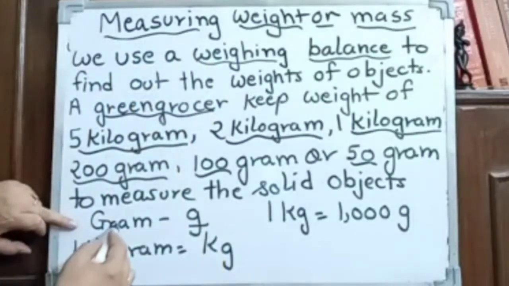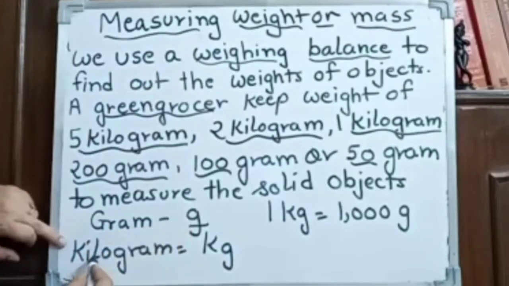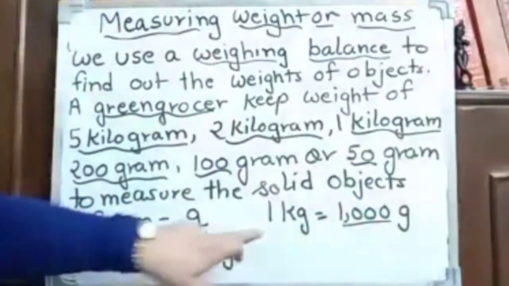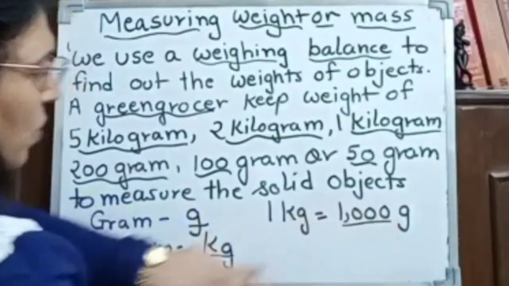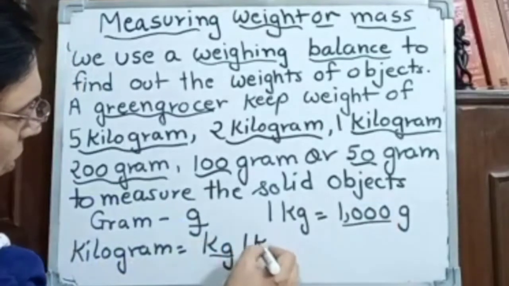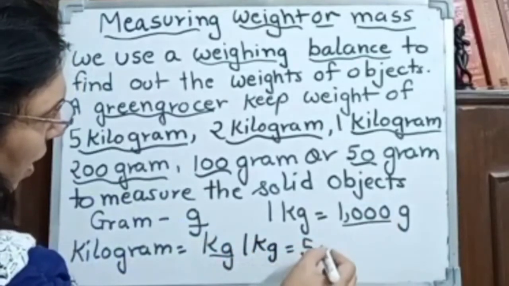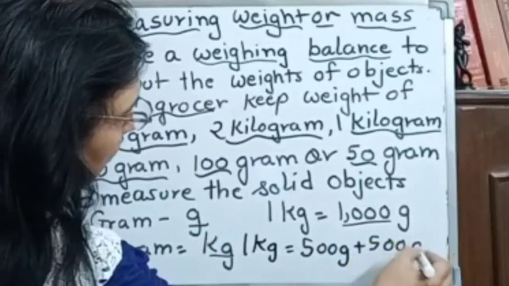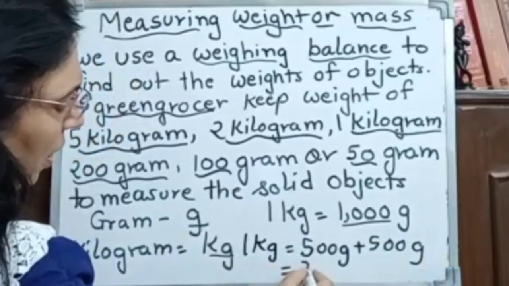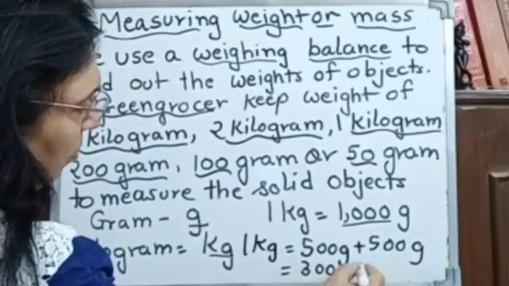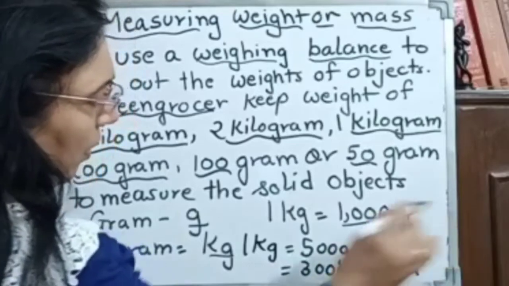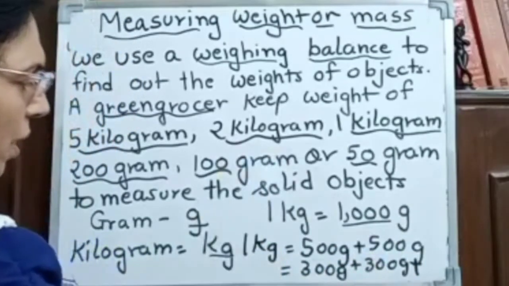The symbol of gram is g, and the symbol of kilogram is kg. So 1 kilogram is 1000 gram. 1 kilogram means 500 gram plus 500 gram, or 300 gram plus 300 gram plus 400 gram, like that.